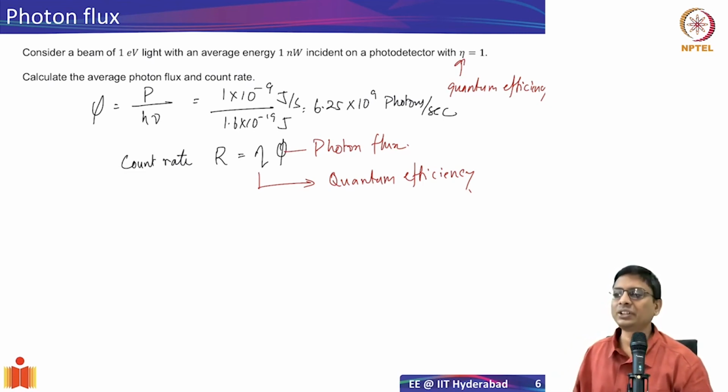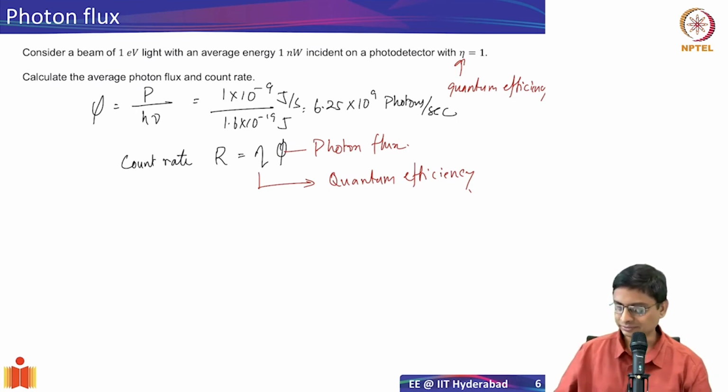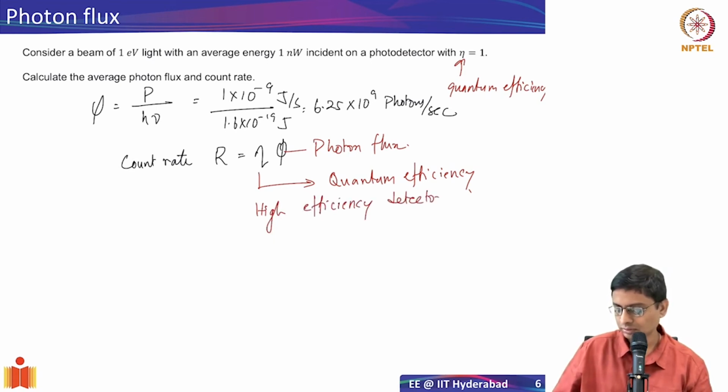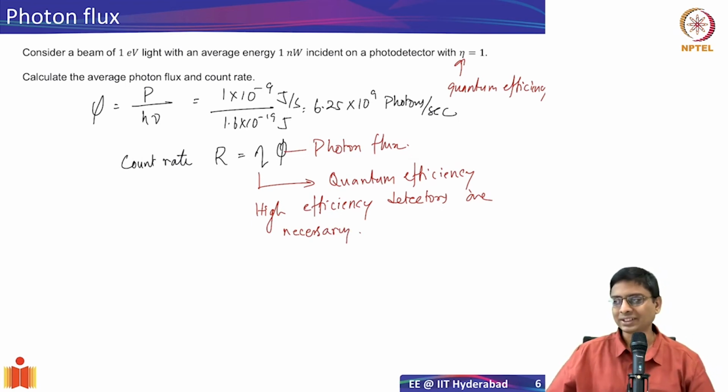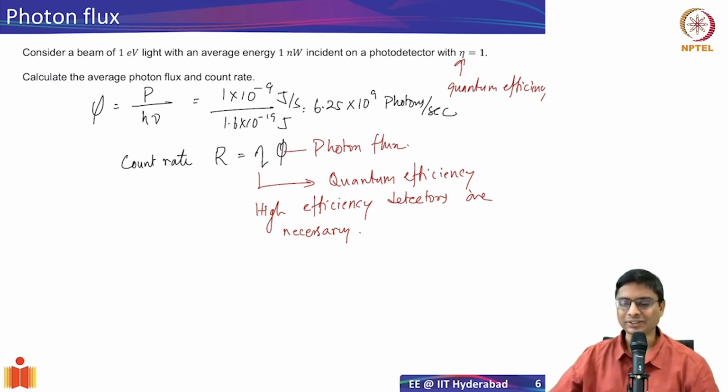Already we are dealing with very low photon counts, so your quantum efficiency should be very high. Only then will you see the quantum properties of light. I'll also talk about losses and how they impact this, but maybe in the next lecture.